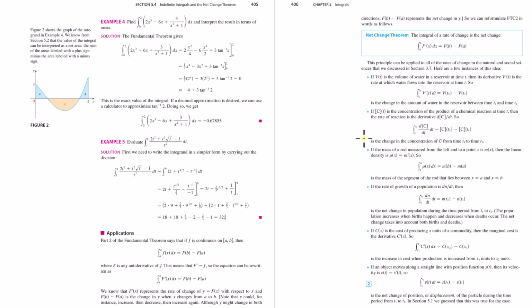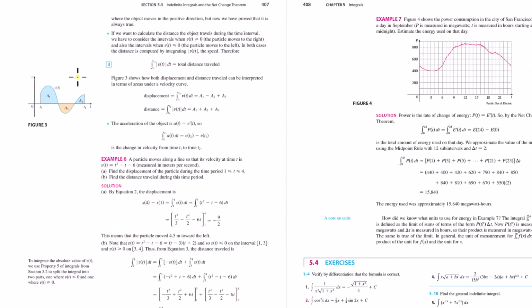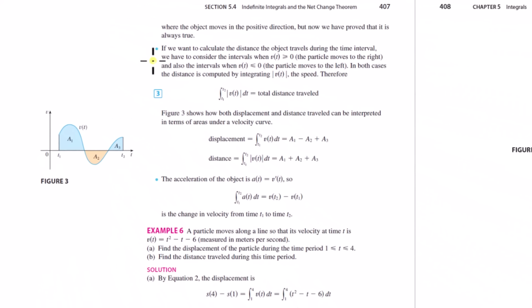That's the net change theorem. To illustrate this, we used the independent variable time, because that's the easiest way to illustrate it, but you can mentally extend this to any independent variable, because this theorem is valid for any independent variable, not just time. Okay, now it gives an example here.